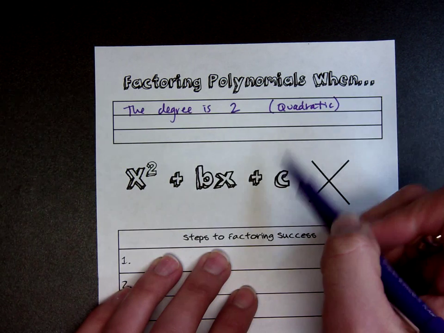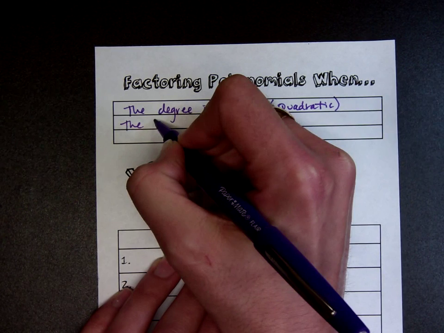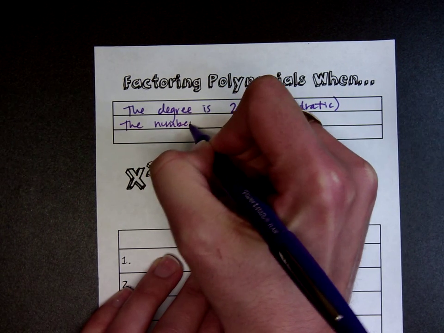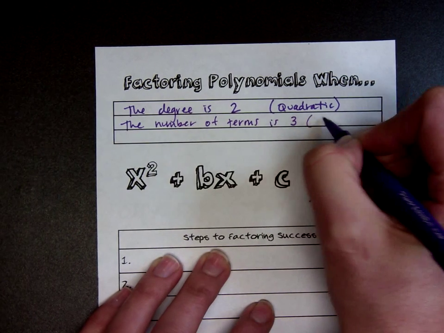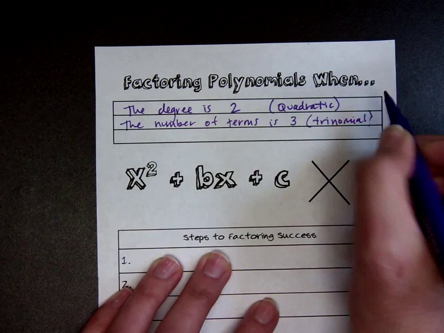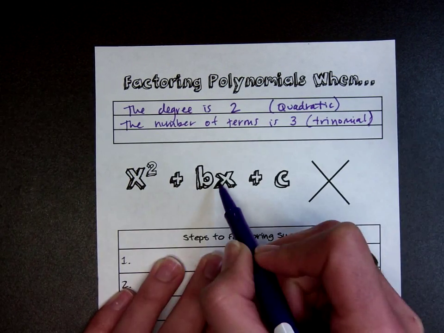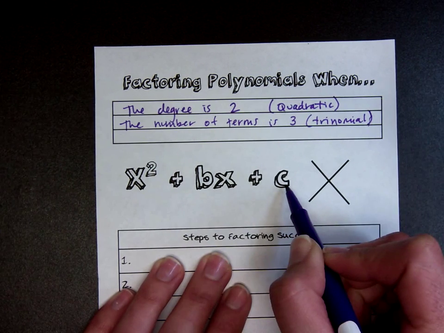Okay, we're also today going to talk about when the number of terms is 3. We call that a trinomial. Okay, that's when there's 3 things, an x squared, an x, and a constant. Those are your 3 terms.